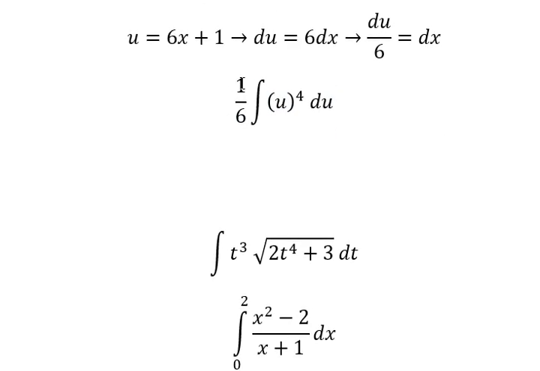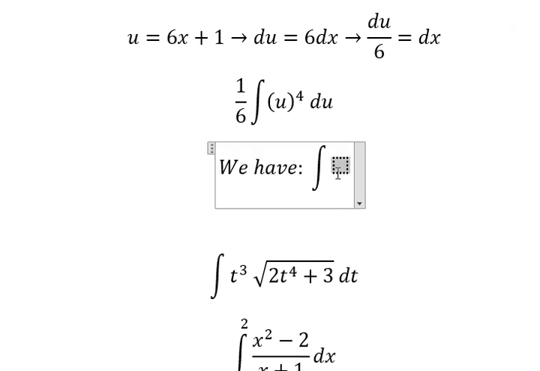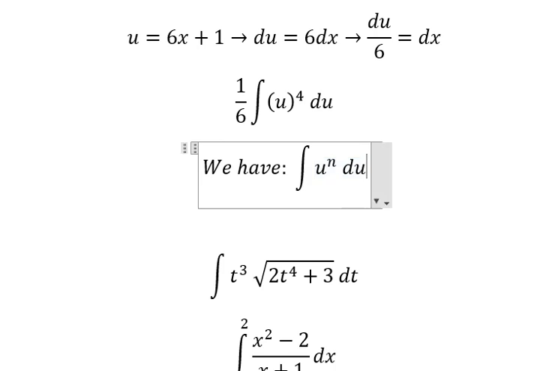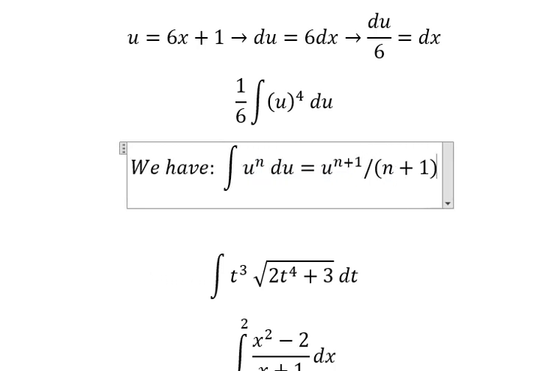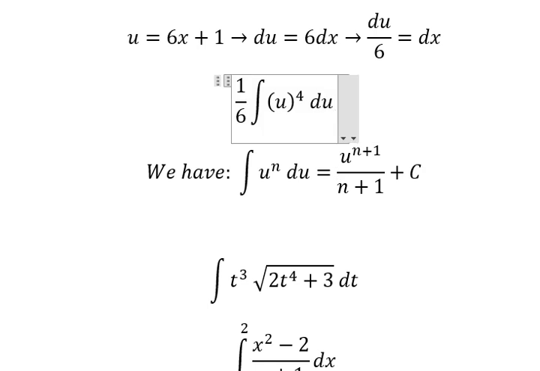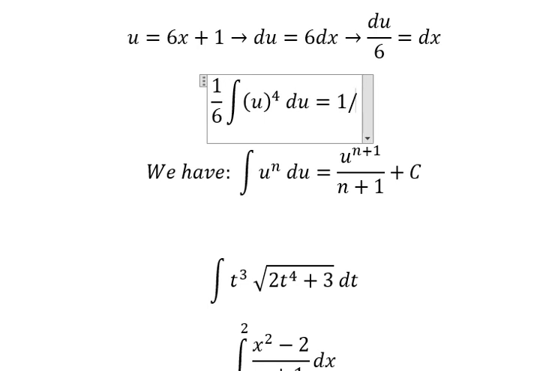Next, we have the formula in here. So we put number 4 in here, so we have 4 plus 1, we have number 5.